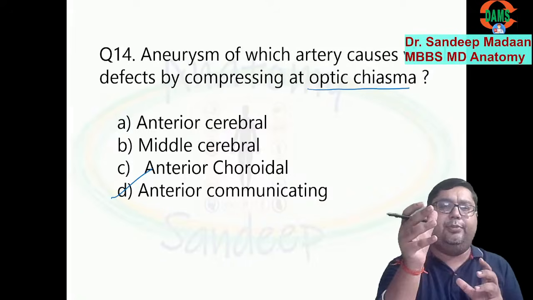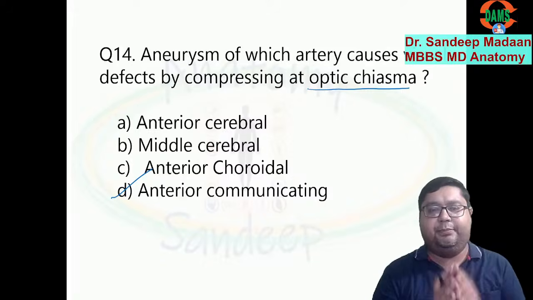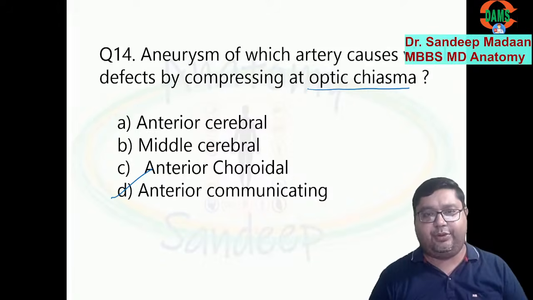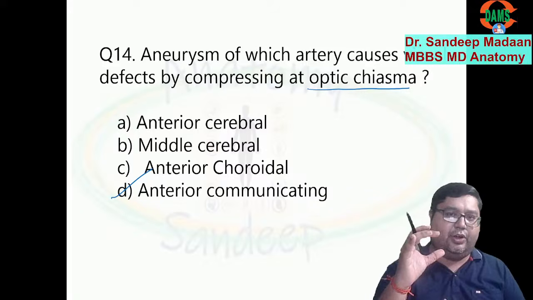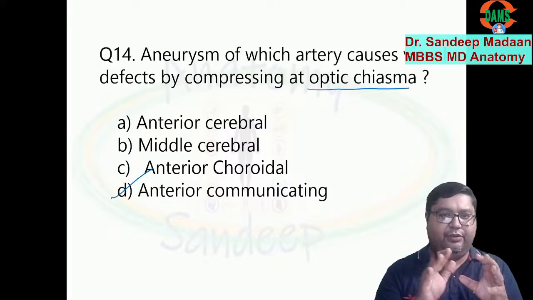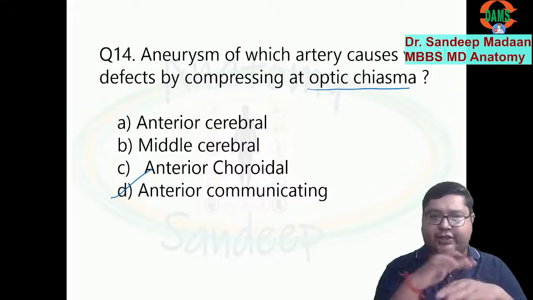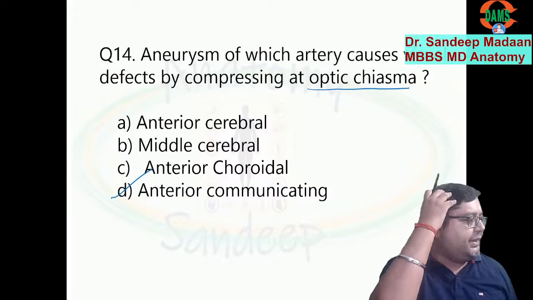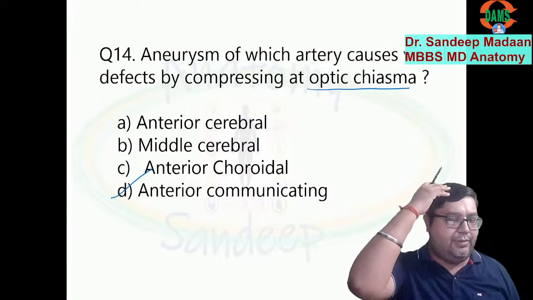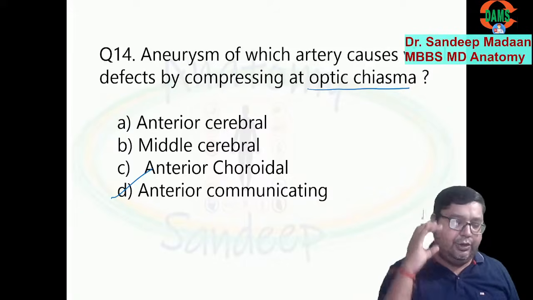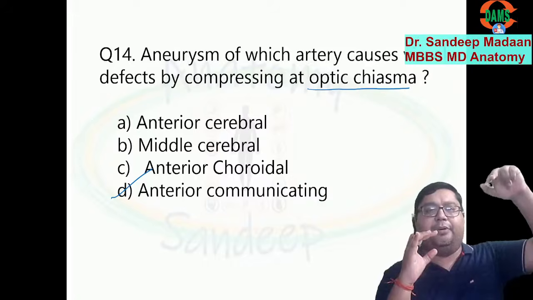Now let me ask you, if there is a defect in the optic pathway involving the temporal lobe, what will be the answer? Pie in the sky or pie on the floor? If the temporal lobe is gone, let me give you a very simple hint. In the optic pathway, everything is ulta pulta. It is crisscross. So look at the parietal lobe and the temporal lobe. Parietal lobe is above, temporal lobe is below. If the lower lobe is gone, the defect will be above.